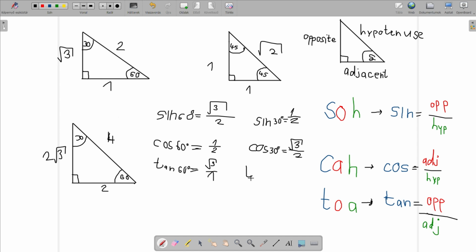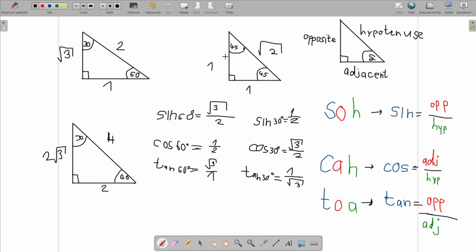And the tangent of 30 degrees would be opposite over adjacent, so opposite is 1 and the adjacent is the square root of 3, so this is just 1 divided by the square root of 3. And these are the ones, and by the way, you should write up everything as practice, you should try this one.